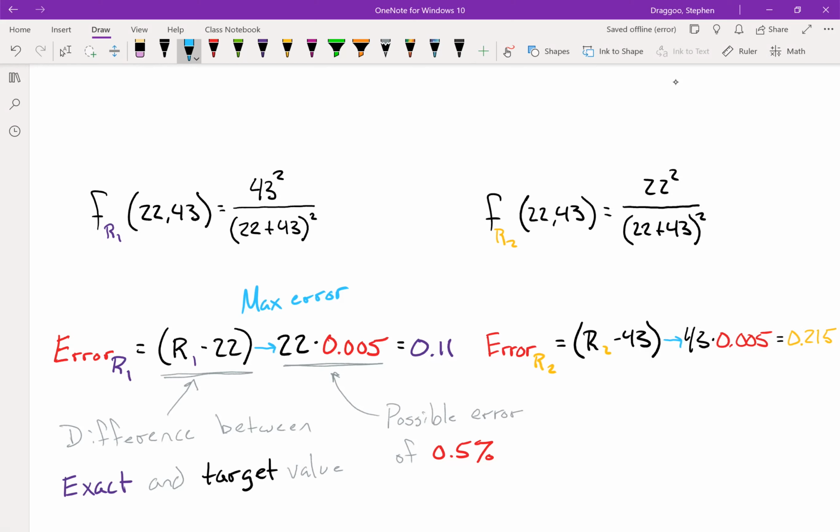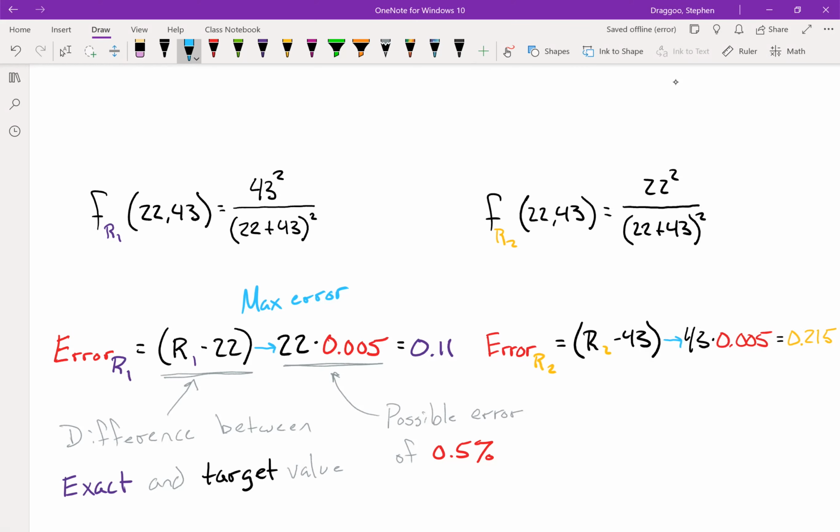If you wanted to, complete that whole equation, R1 is equal to 22 times 1 plus or minus 0.5%, so 1 plus or minus 0.005. And we'll look at just letting both of these things go above their target value. But then if we simplify that thing, that error term just comes out to 22 times 0.005.